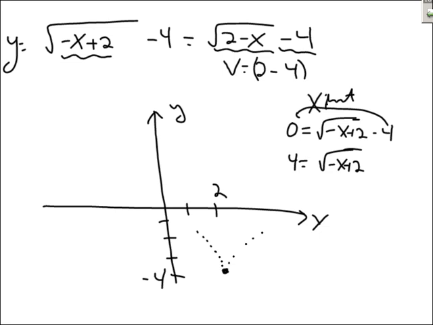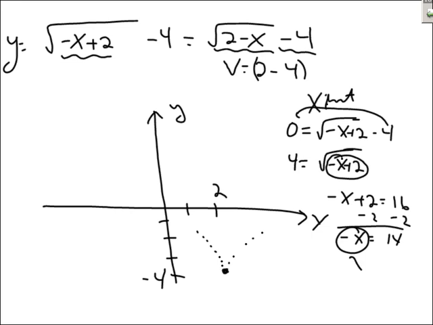The square root of 16 is 4. That means this must be 16. Negative x plus 2 must be 16. Take away 2. Negative x must be 14. If I change the sign of that number, I have to change the sign of that number. X is negative 14. It's insane, but it crosses way to the left.